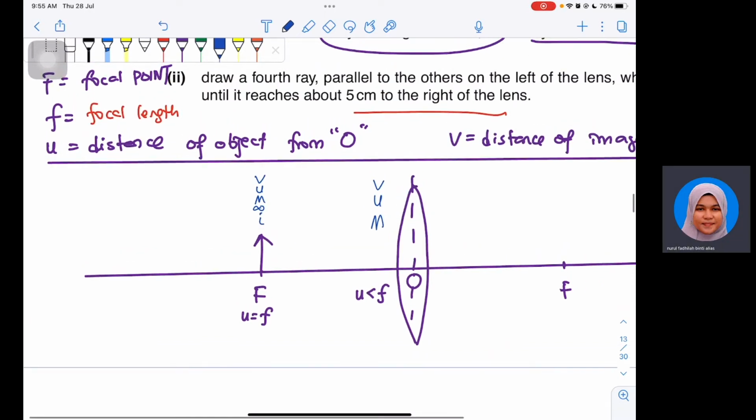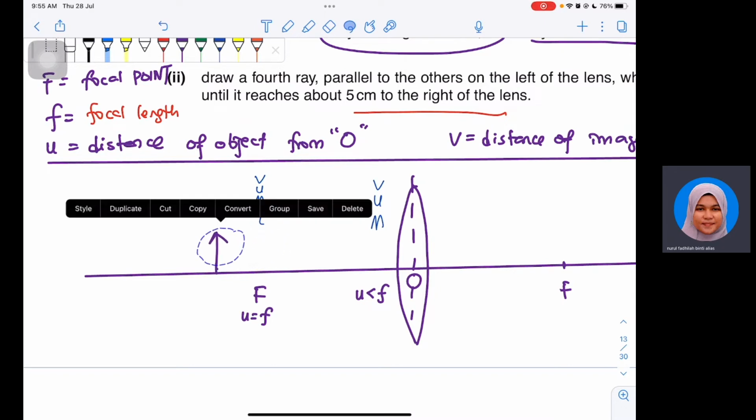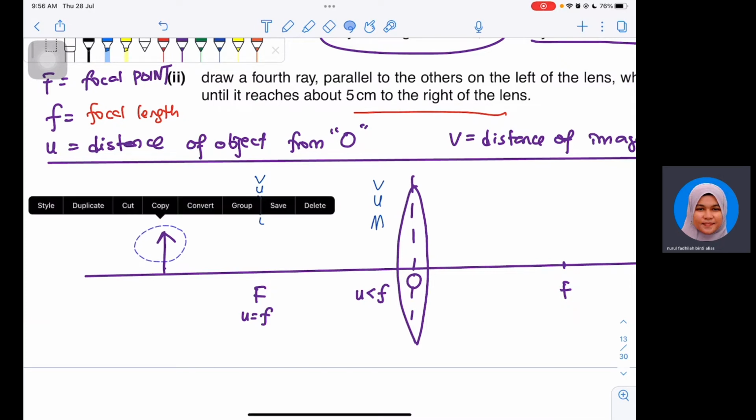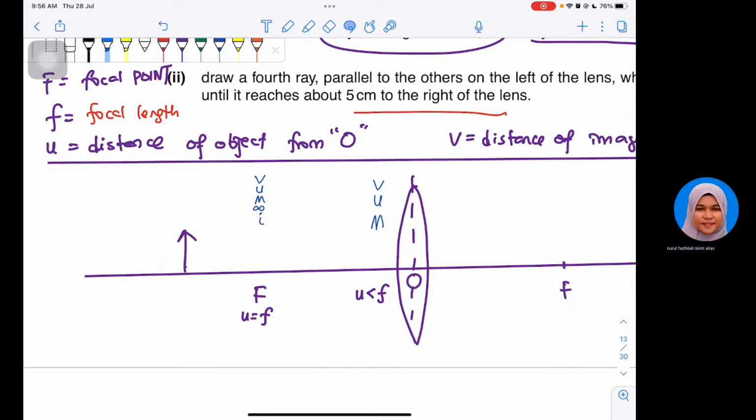Alright, and then what happen if the object is moved further away? So now where is the position? U is greater than focal length, but less than 2F.